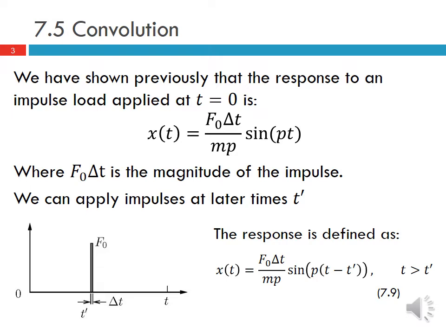So basically it's valid for all times after the impulse is applied, if the impulse is applied at t prime. This is the elapsed time in the response since t prime. And you can see if t prime was equal to 0, we would recover the response when the impulse is applied at t equals 0.